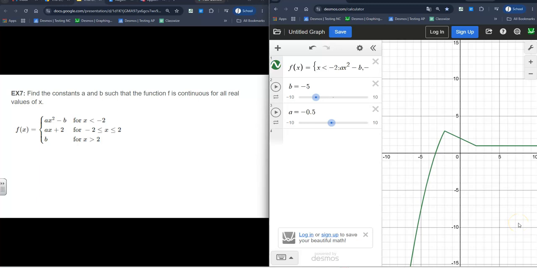There are some numbers for a and b that will make this always continuous, right? It'll make all your pieces match up. They are not going to give you a problem like this on the calculator active section where all you have to do is use sliders on Desmos, because the AP people write the tests knowing that you could just do that there.